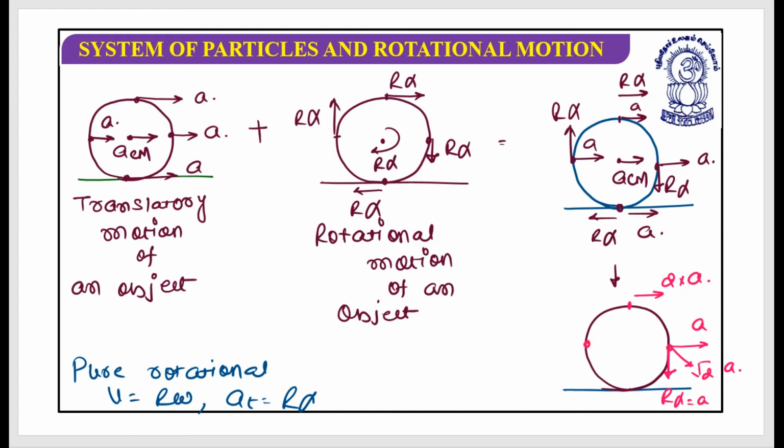If I am talking about this, this is A, this is A, this will be root of 2A. Now what about this? If you look at this, this will have r alpha in this direction, A in this direction. So at this point, a_t is equal to 0.